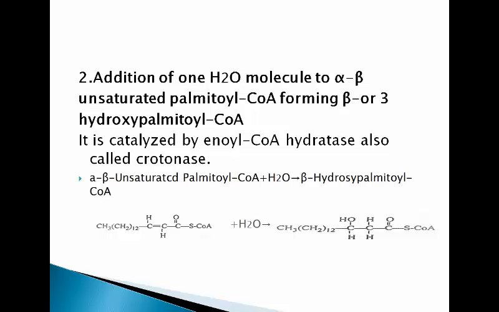So we can say the beta or 3-hydroxy palmitoyl-CoA is formed by the addition of one water molecule.